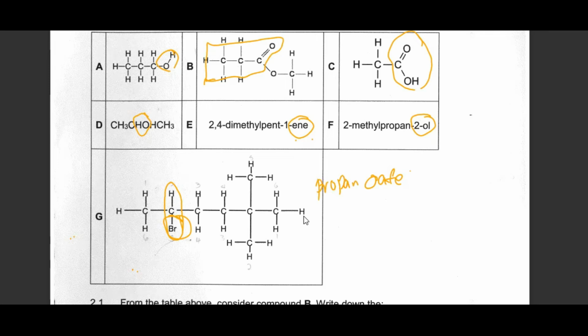So it becomes propanoate. Now, what about this? This we call a side group. Therefore, it is 1, which means meth, because it's regarded as a side group.